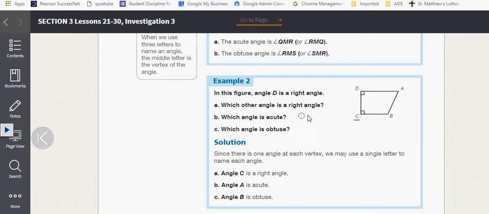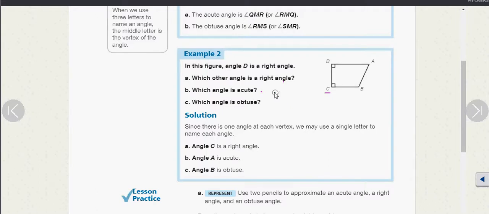Right here. Which angle is acute? Less than 90. Looks like angle A. Right here. Show a little arc there to see. Obtuse would be then B. And we've covered all of them. You add all that up, it should actually come to 360 degrees when it's a closed figure, I believe.